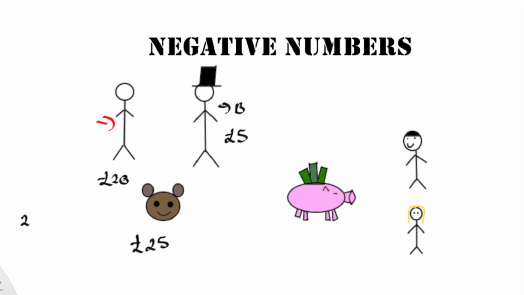So now we have 20 plus 5, 25 pounds. That means we can afford to buy our teddy bear. But after buying the teddy bear, we're gonna end up owing our brother 5 pounds.